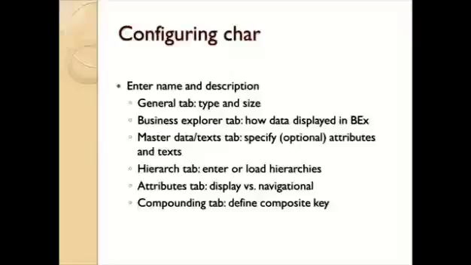And finally, there is a compounding tab which can be used to define composite keys. So, for instance, if you have a characteristic such as name, name by itself is not unique. You can then add another characteristic such as city.